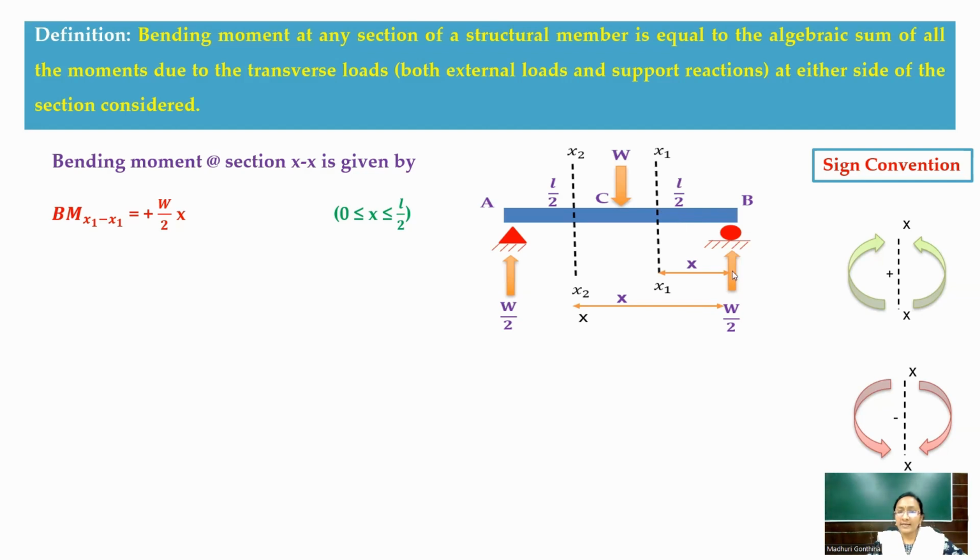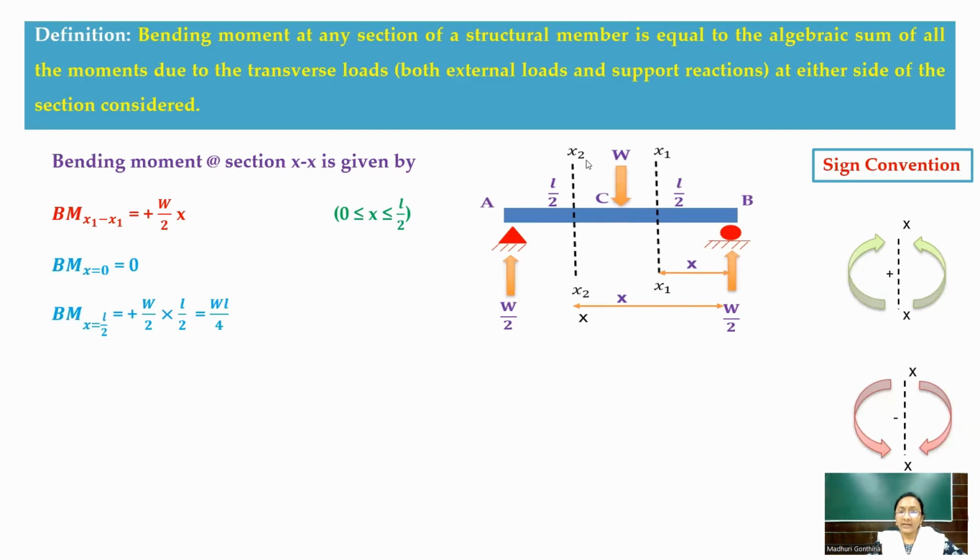So it is plus W by 2 into X, and the limits here are 0 to L by 2. At X equal to 0, the moment is 0, that is at B, and at X equal to L by 2, that is at C, it is WL by 4.